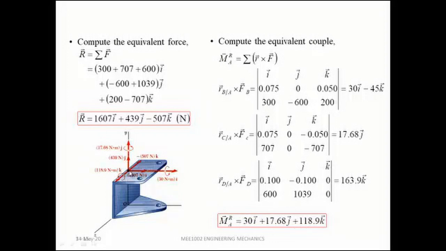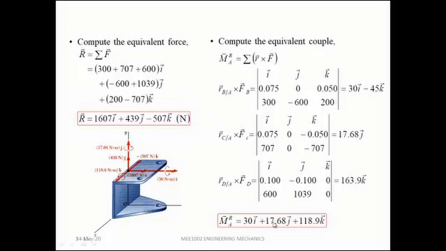Now at A, see the resultant force, x direction positive, y direction positive, z direction negative, so it is in this direction because positive is here in this direction, so it is negative.